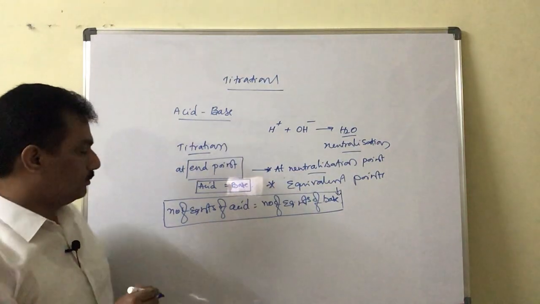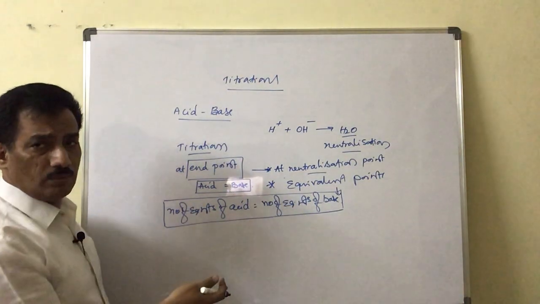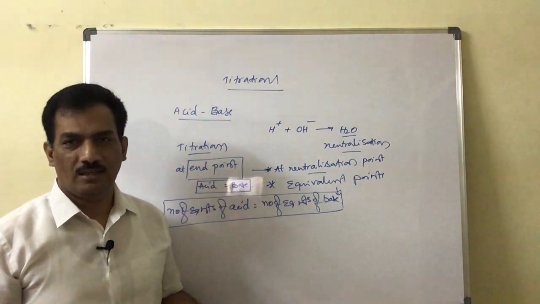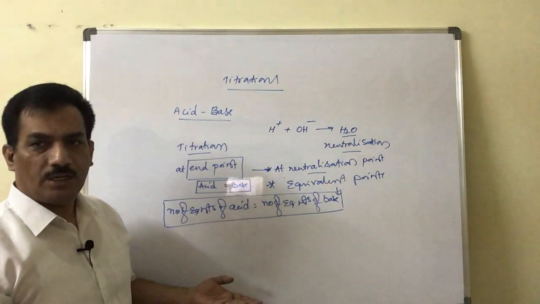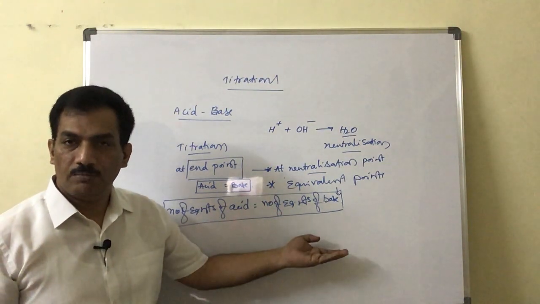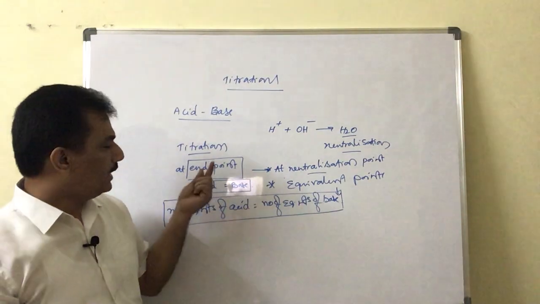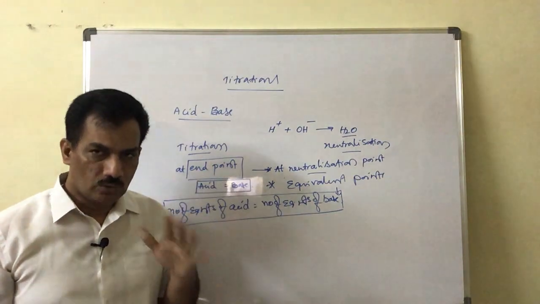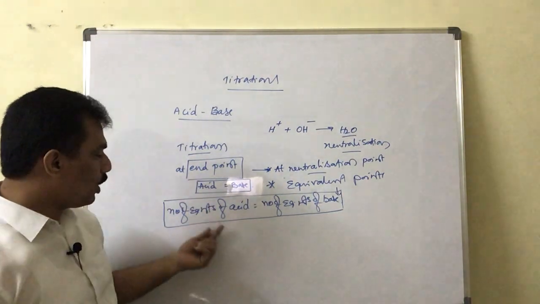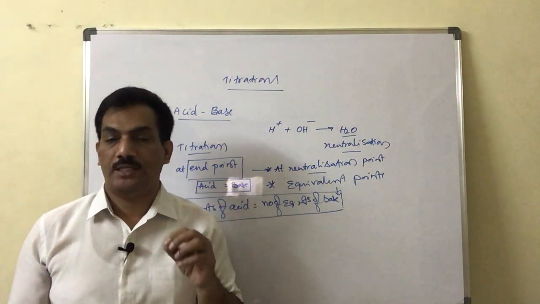Clear? In case of acid base we are considering acid and base. If it is a redox reaction, you can easily incorporate the data: instead of acid we can consider oxidant or reductant, and instead of base the reductant or oxidant. So the end point is nothing but the neutralization point, where the number of equivalent weights of an acid is equal to the number of equivalent weights of base.